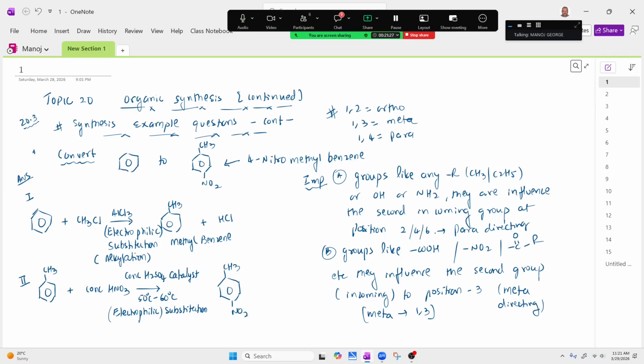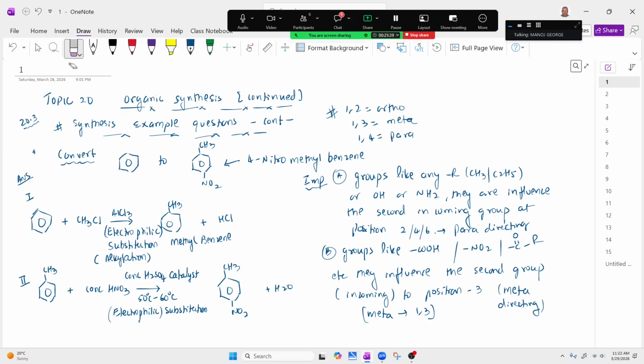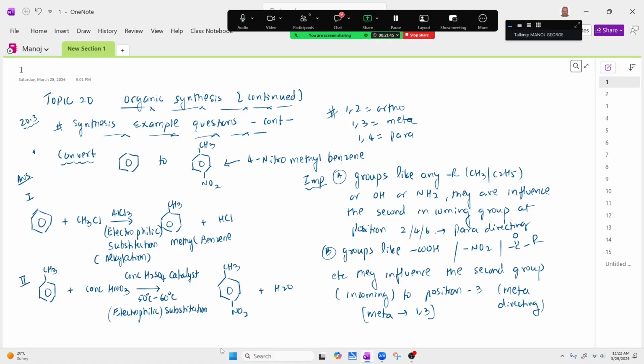So therefore, the electrophile finds it very easy to connect to these positions. That's about it. And yes, we will get secondary products, H2O, but that is not our main concern. Remember, you will only be asked to convert this into some kind of schematic flow. Two steps: we changed benzene to 4-nitro methyl benzene.